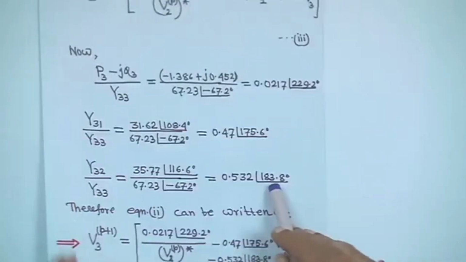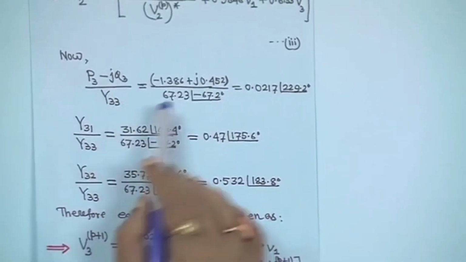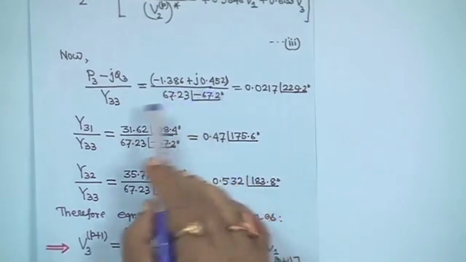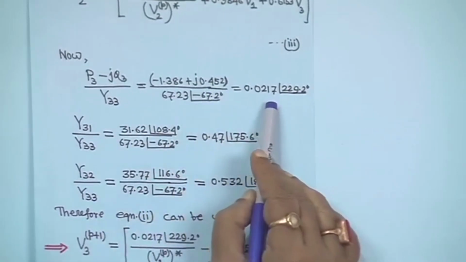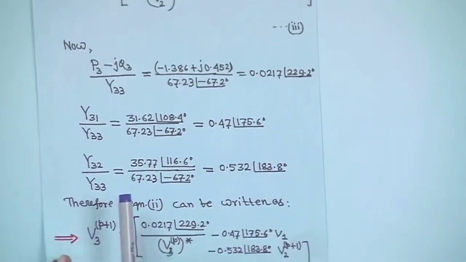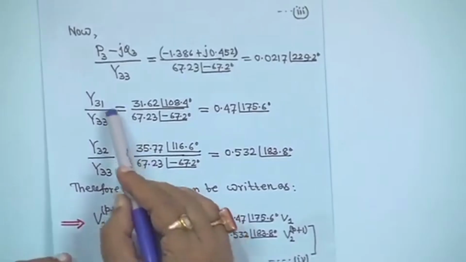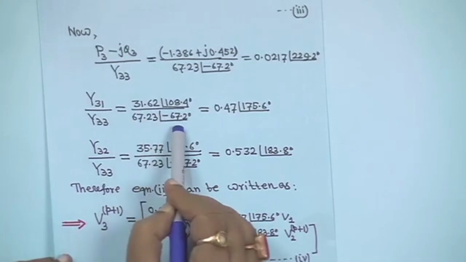Similarly, for V 3 you again compute P 3 minus J Q 3 upon capital Y 3 3. P 3 Q 3 you have computed, and capital Y 3 3 you can substitute here, you will get 0.0217 angle 229.2 degree. Now, the ratio you have to compute: capital Y 3 1 by capital Y 3 3. Y 3 1 is known to you, Y 3 3 is known to you.